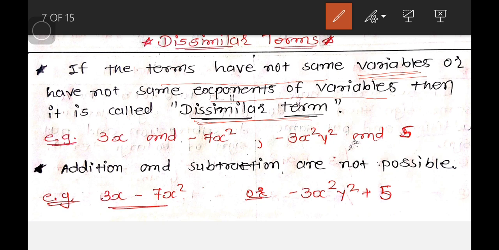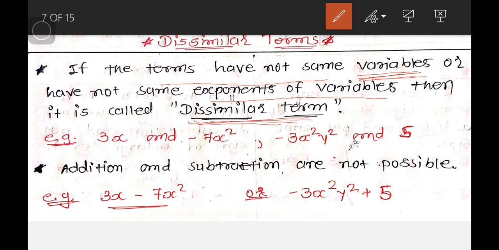You have to note that if the given terms do not have the same variables and exponents, then they are called dissimilar terms.